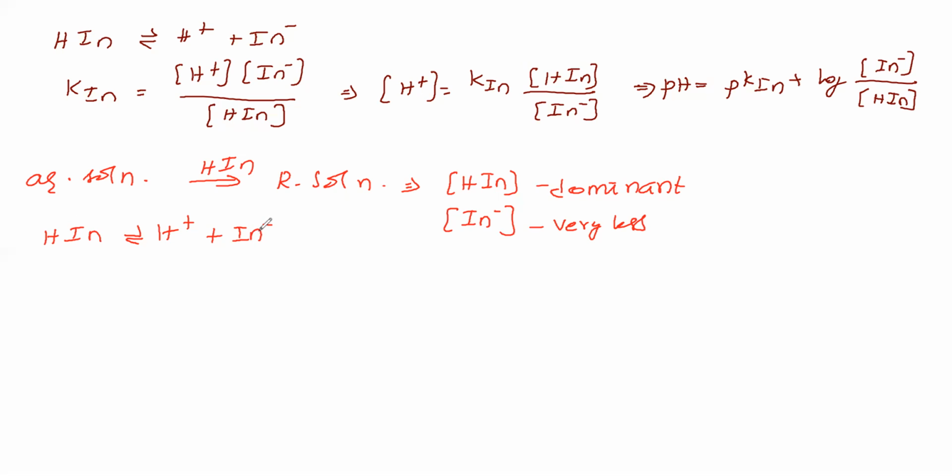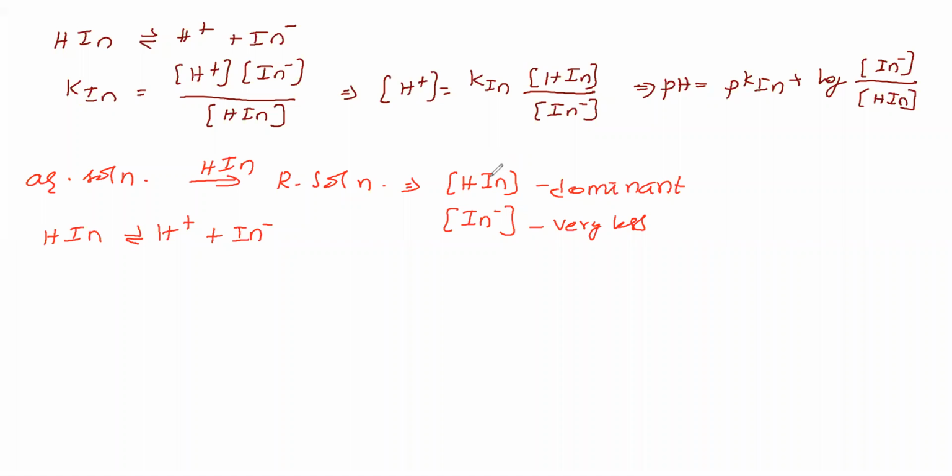The dominating concentration decides the color that appears in this solution, because it is uniformly distributed; a solution is a homogeneous mixture. Therefore HIn will show color here, since it is dominant.